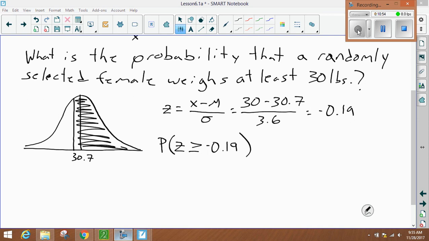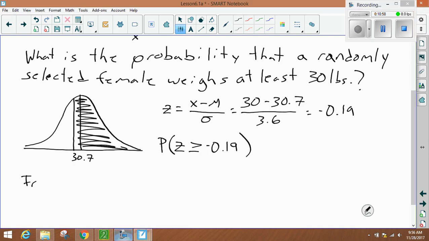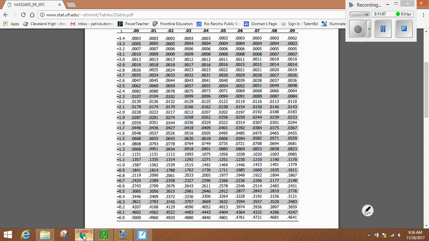Let's go ahead and find, from the table, negative 0.19, that's our entry on our table, right? Cool, so 0.4247.